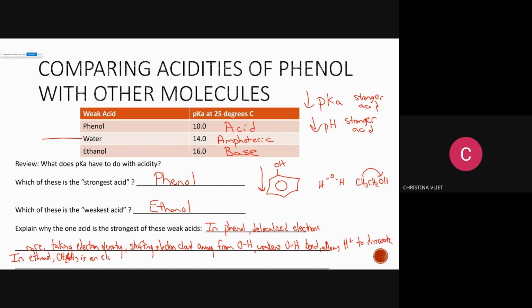CH2CH3 is an electron donator, which will strengthen the OH bond. And H plus will not dissociate as easily. All right, I'm going to give you time to finish writing that down.